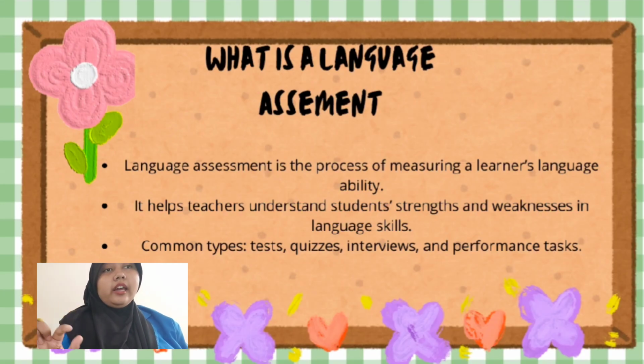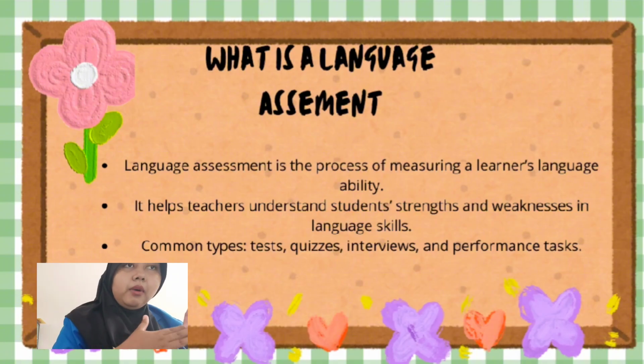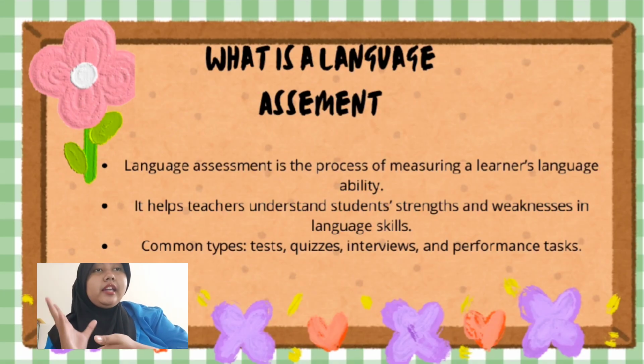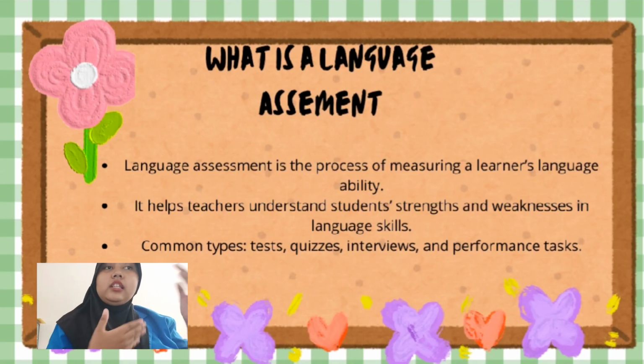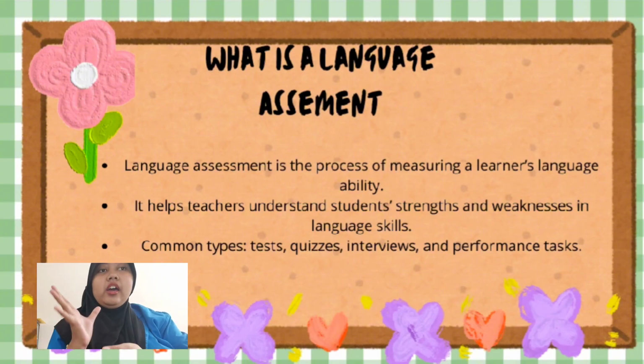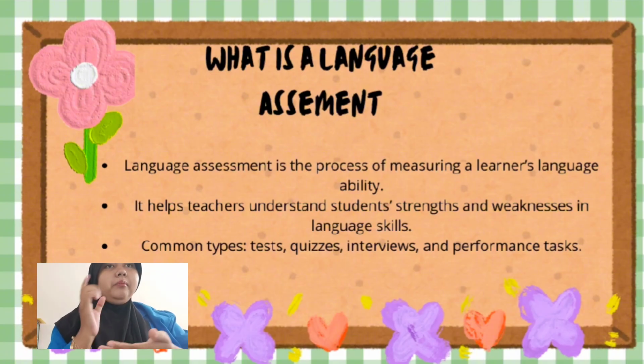A C-test is a special kind of language test that comes from the cloze test. However, the way it is made is slightly different. The second half of every second word in a passage is removed and students must complete the missing parts.